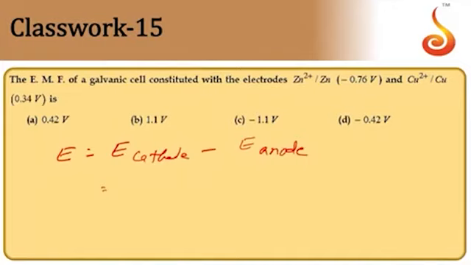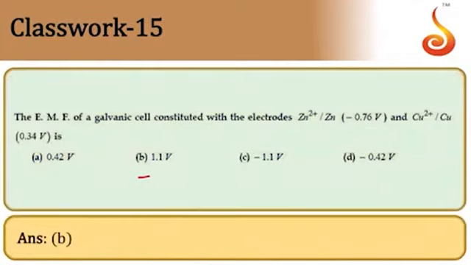Cathode value is given as 0.34, minus of minus anode is given as 0.76. It comes to 1.1. So answer is option B, 1.1 volt. So direct formula, cathode minus anode potentials. So 1.1, answer is B.